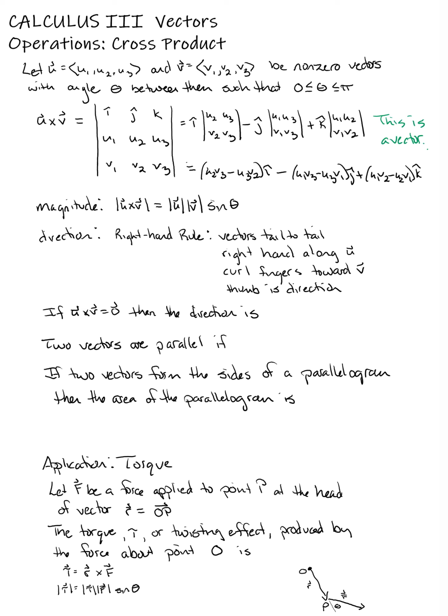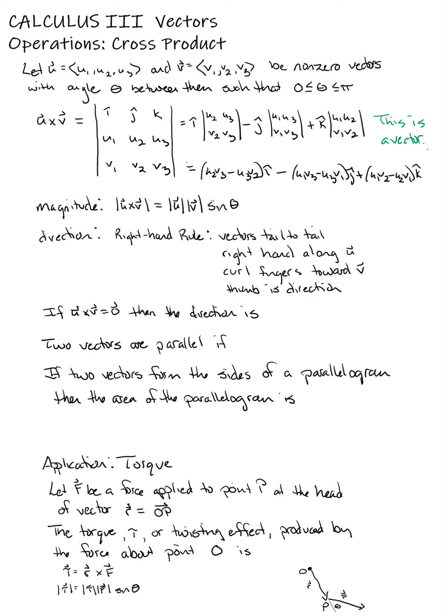We start by placing our vectors tail to tail, and then we place our right hand along u, wherever the u vector is. Then we curl our fingers towards v. If you have to change the positioning of your hand to do that, then go ahead. Just make sure you have your hand on u, but you can curl it towards v. Then wherever your thumb is, that is the direction of u cross v.